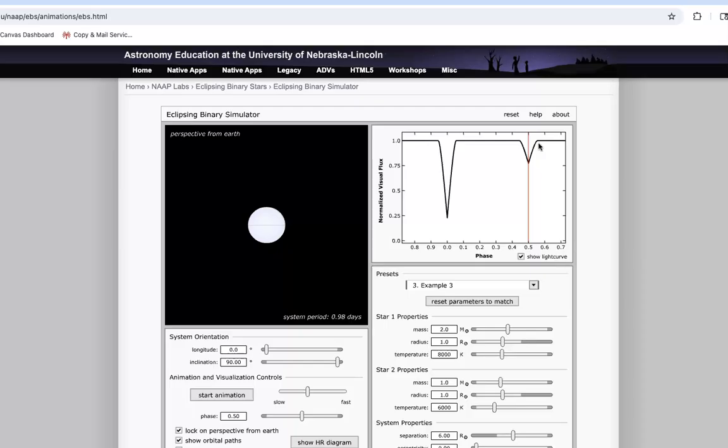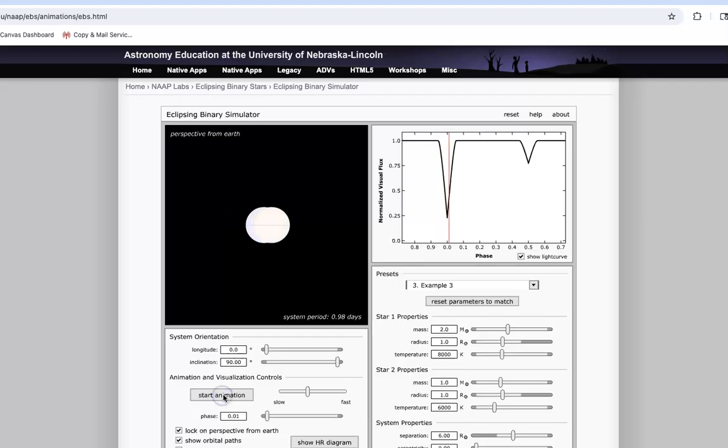Because we're only losing the light from the dimmer star. So we're not losing as much light, so it's just a small drop in brightness. And then the two stars go apart. Now we can see both stars. We're getting the total light, the total flux, from both stars. And so the stars go back to 100% brightness. All right, and then they keep on orbiting around each other.